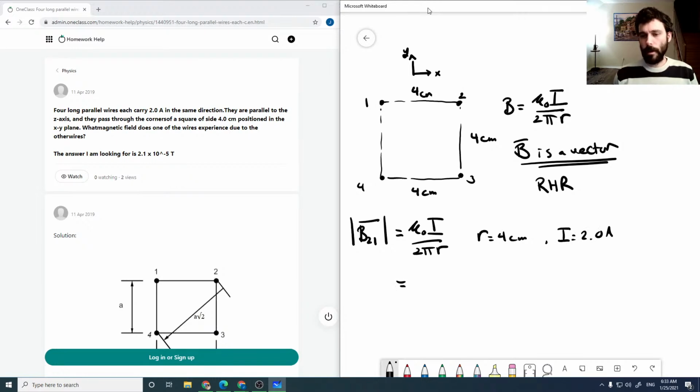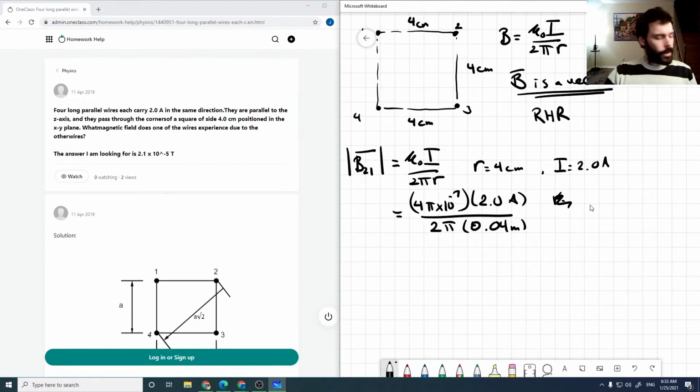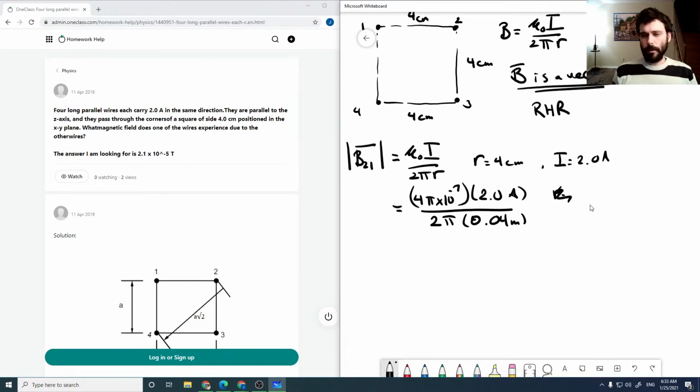So my B21 is 4 pi times 10 to the minus 7 times 2 amps over 2 pi times 0.04 meters, as 4 centimeters is 0.04 meters. If we do that out on our calculator, we get 1 times 10 to the minus 5 Tesla. But now we need direction.